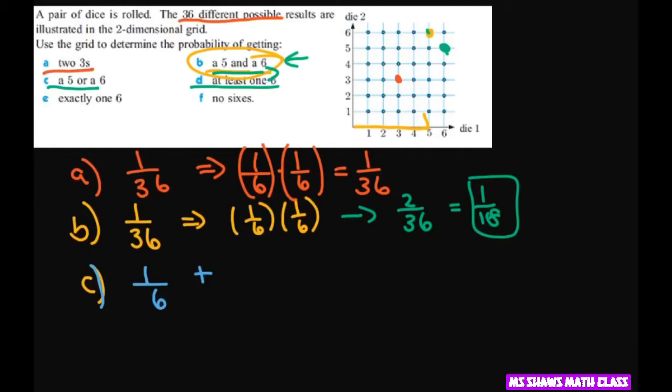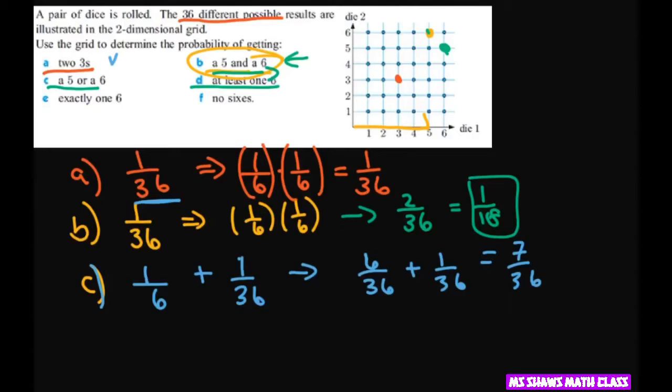You could get one 6 for it, but two 6s would be this one, just like your two 3s. So that'd be 1 over 36. And then you add it together, so this is going to be 6 out of 36 plus 1 out of 36 gives you 7 divided by 36.